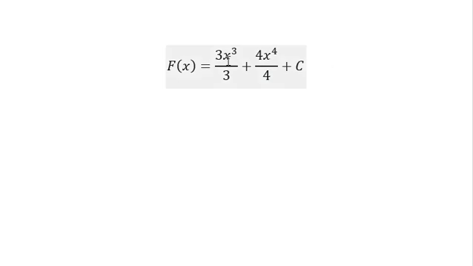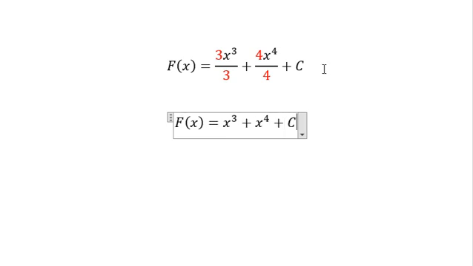This can be simplified further. The 3 can be cancelled with the 3 in the denominator, and the 4 can be cancelled with the other 4 in the denominator. So the final function will be f of x equals x to the power of 3 plus x to the power of 4 plus a constant c. And this will be our answer.